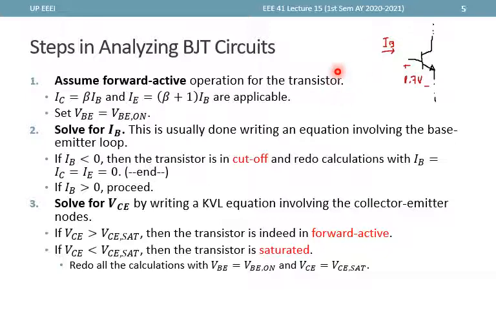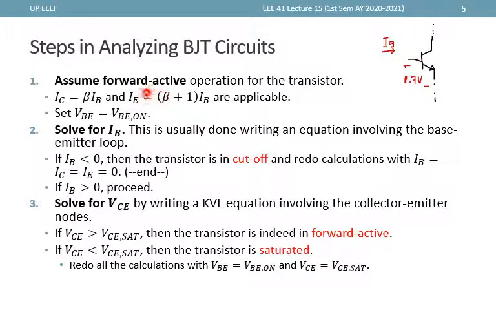And either we do a KCL with that, with IC and IE, or we do a KVL normally downwards, although we can also actually perform KVL back upwards. Now, if IB is less than 0, then the transistor is actually in cutoff, since we assume that this is forward biased, just like in our diodes, but the current turned out to be negative, and that cannot be the case.